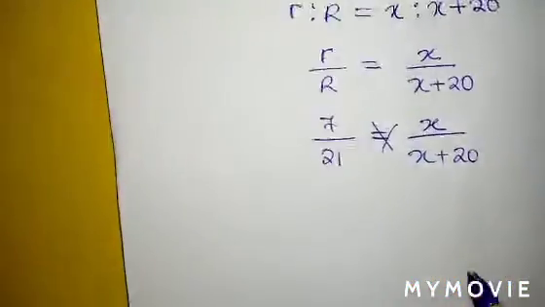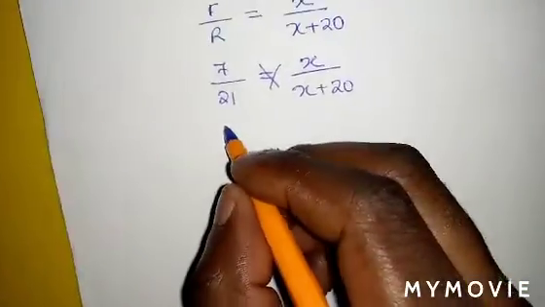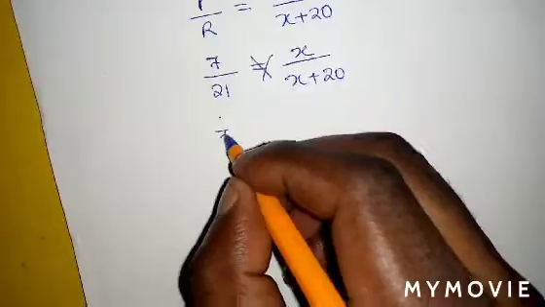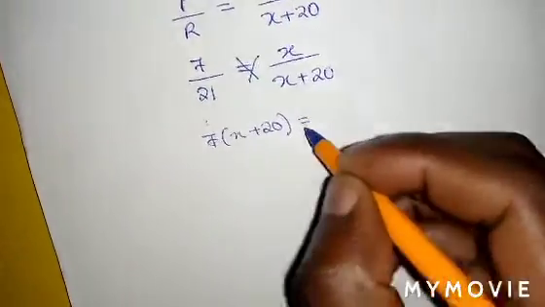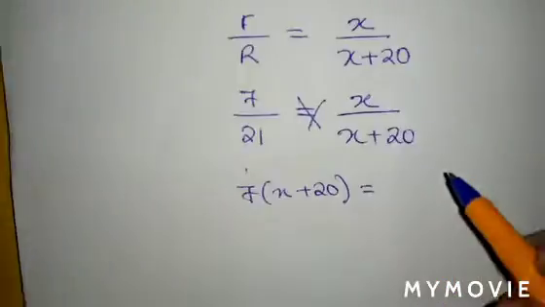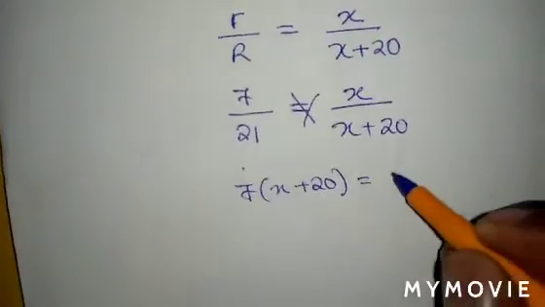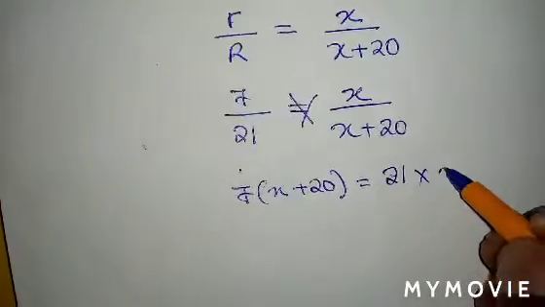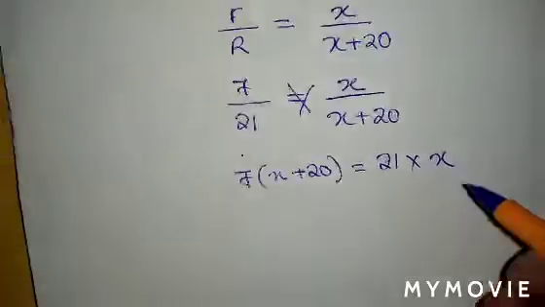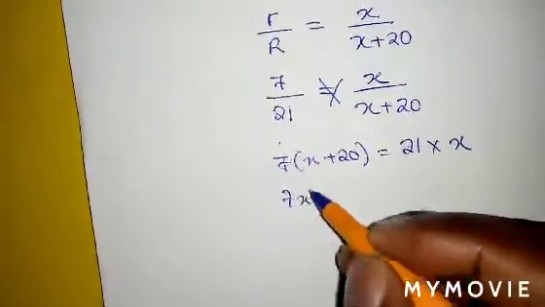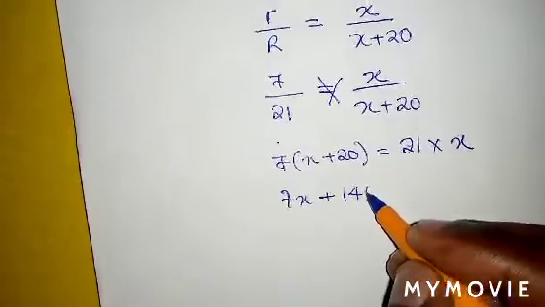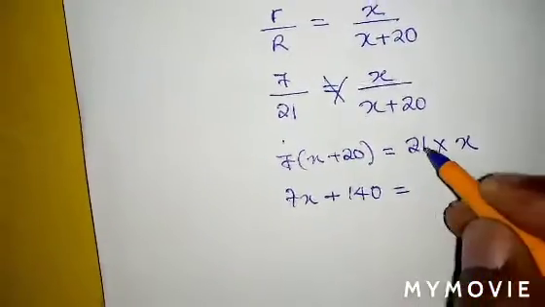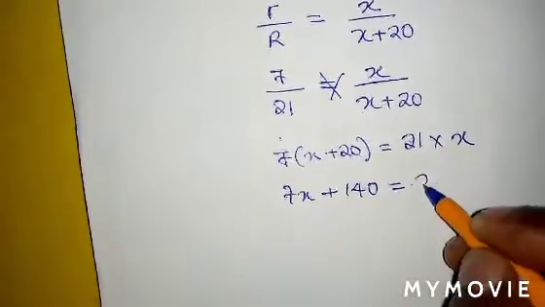So we're going to have 7 times (x plus 20) is equal to 21 times x. So we'll have 7x plus 7 times 20, which is 140, is equal to 21x.